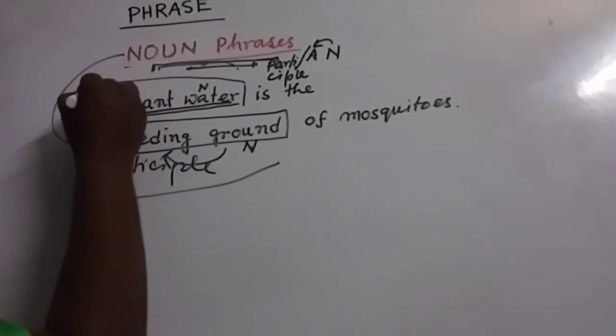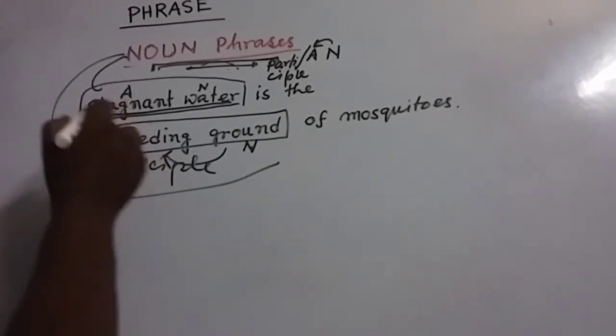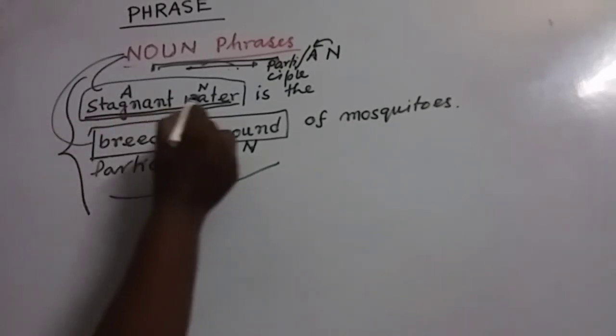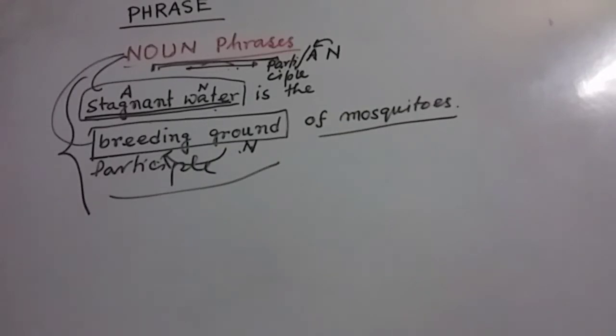It is also a noun phrase. In the example you can see we have used two noun phrases. Stagnant water is the breeding ground of mosquitoes. So here two phrases have been used. In this way the noun phrase can be formed.